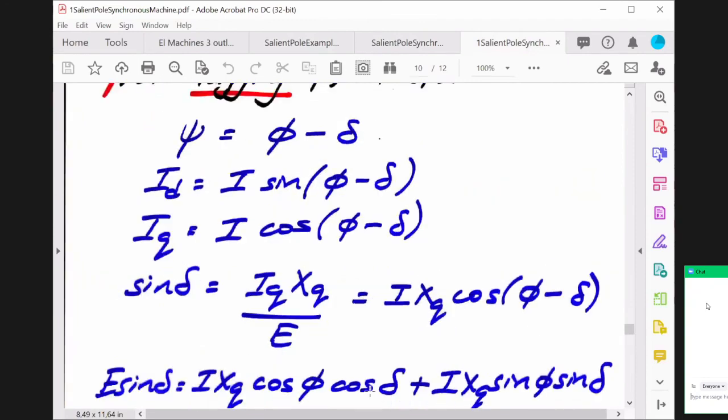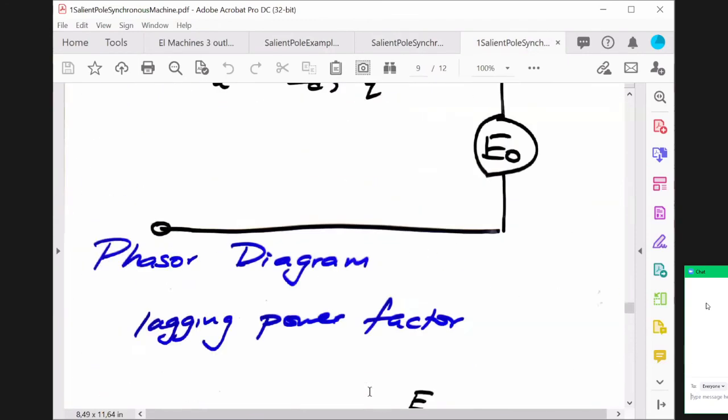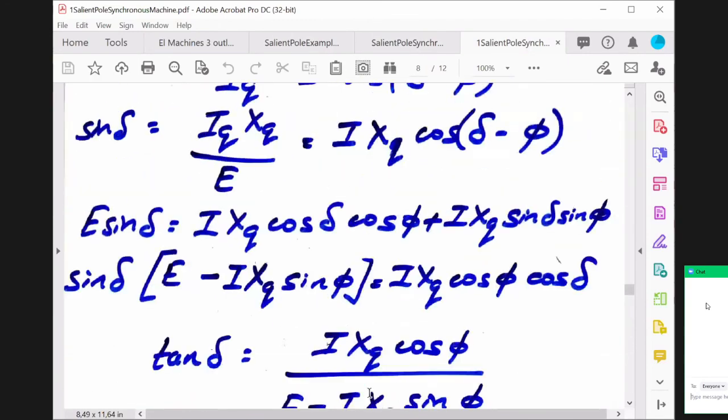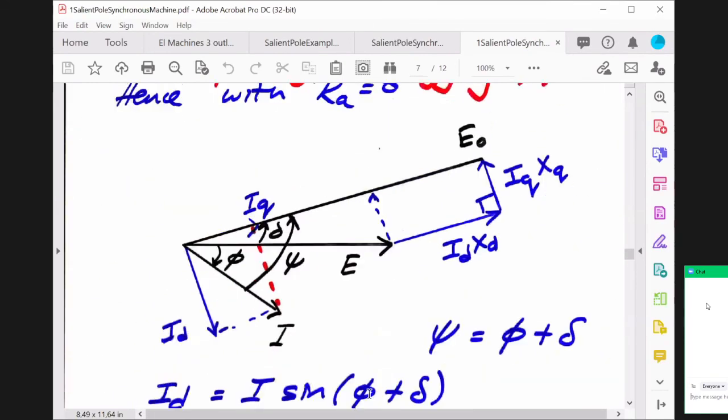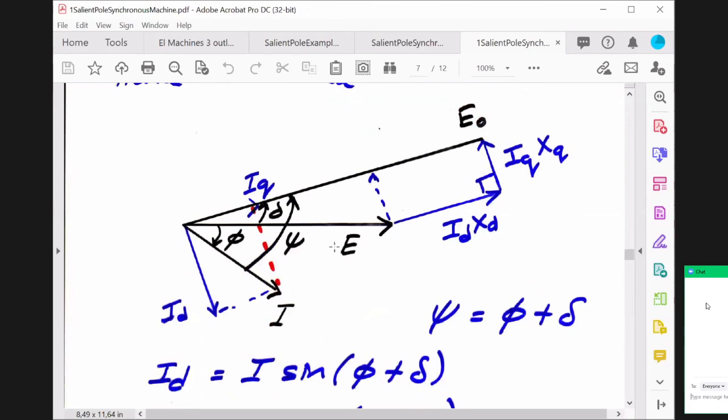Okay, so if you look at the phasor diagram, if you want to determine this value E naught here, that's the induced voltage. If you resolve this phasor E, the terminal voltage, the component acting along the induced voltage will be E cos delta.